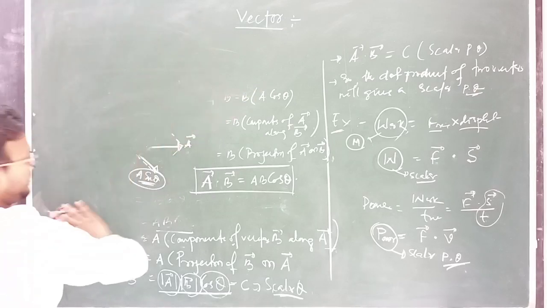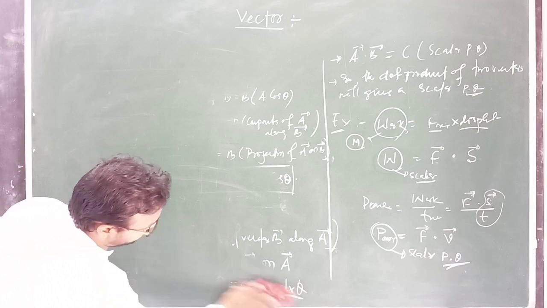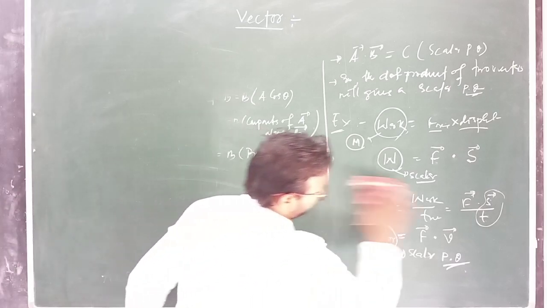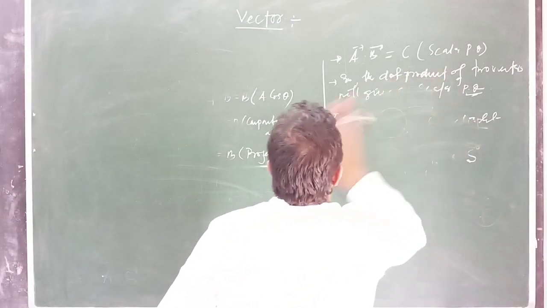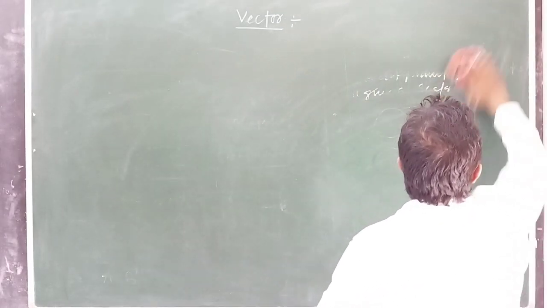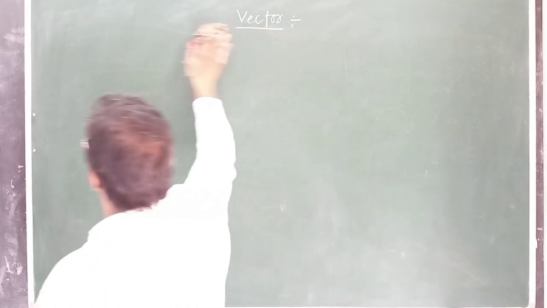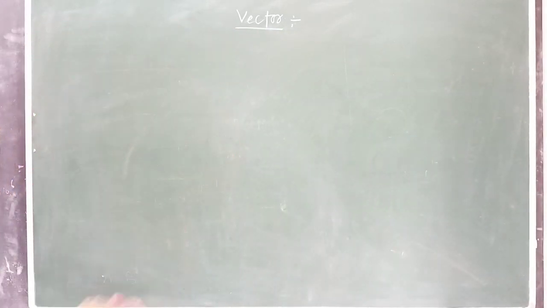Now we have to discuss properties of the dot product of two vectors. So now let's start with the first property.